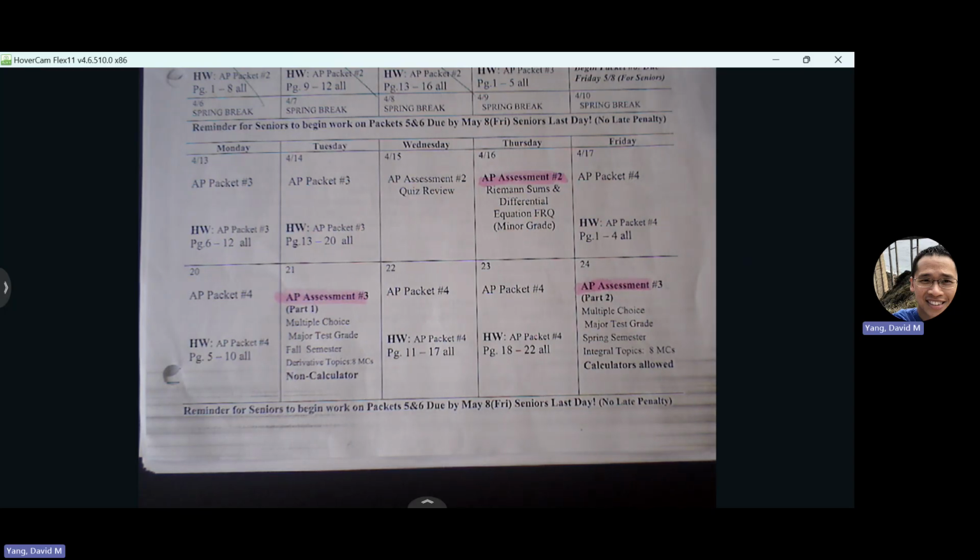So students will be in and out of the classroom, but you'll be able to have everything that you need to work at your own pace if you're not here as well. EOCs are first week of May.